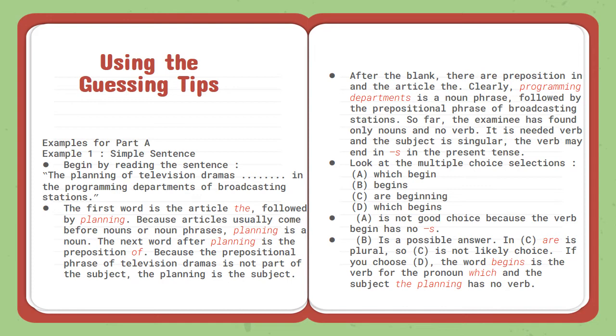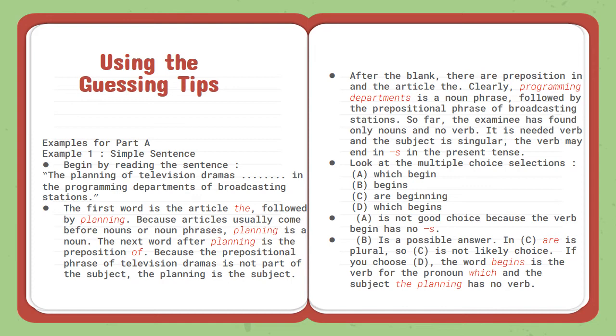The first word is the article the, followed by planning, because articles usually come before nouns or noun phrases. Planning is a noun. The next word after planning is of, because the prepositional phrase of television dramas is not part of the subject; the planning is the subject.